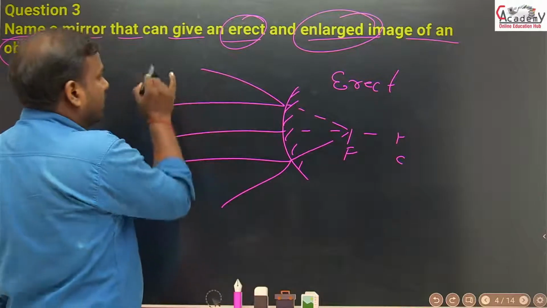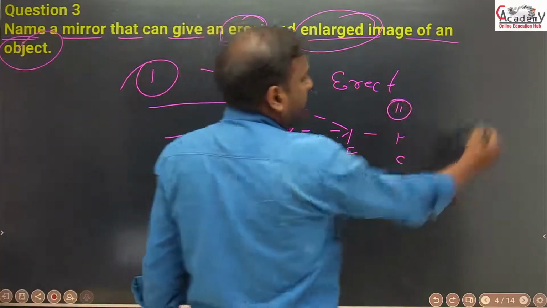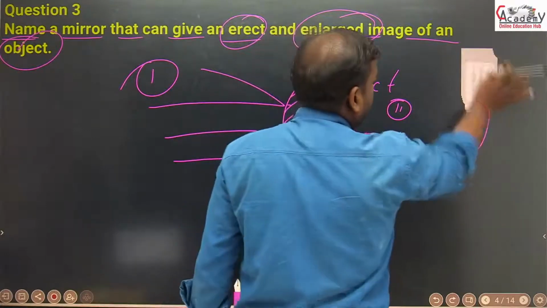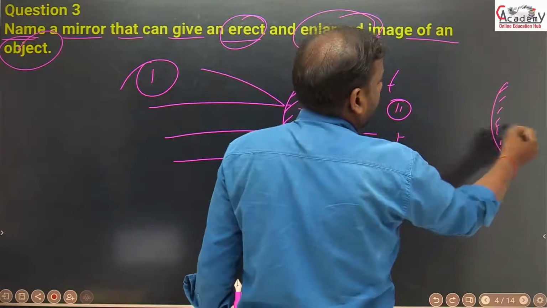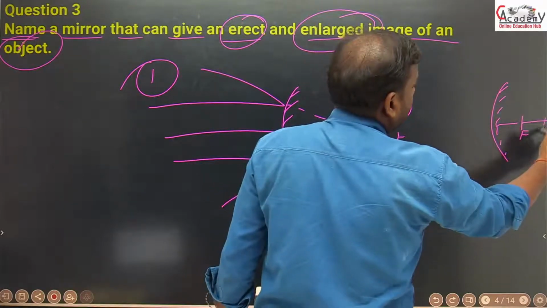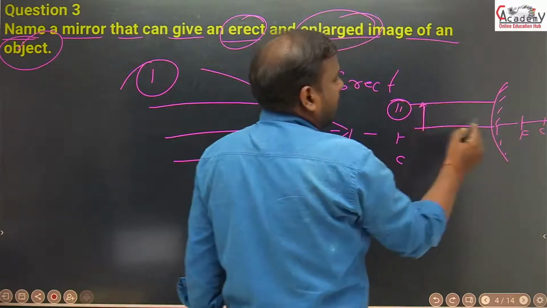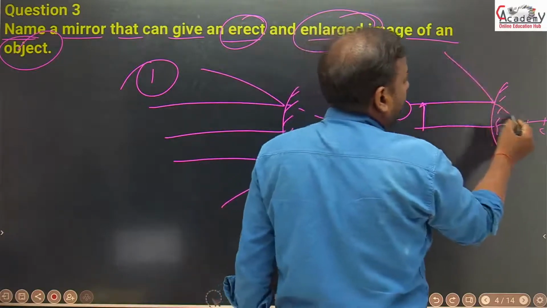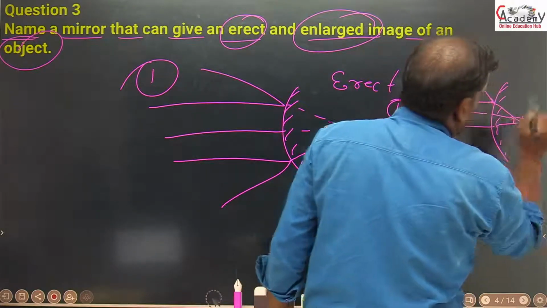but in both conditions, the first condition and the second condition, look here, that is the focus, center of curvature, the object is here, after reflection it goes from here, and that is the image, meaning we get an erect image.